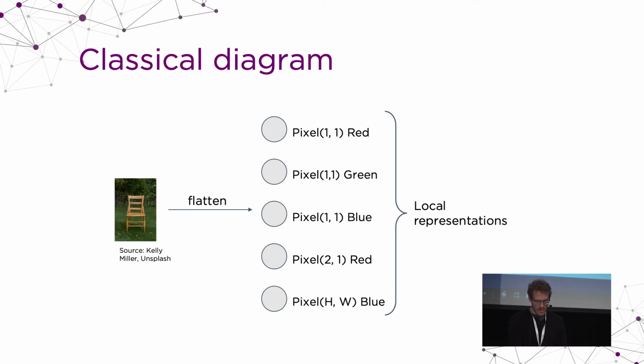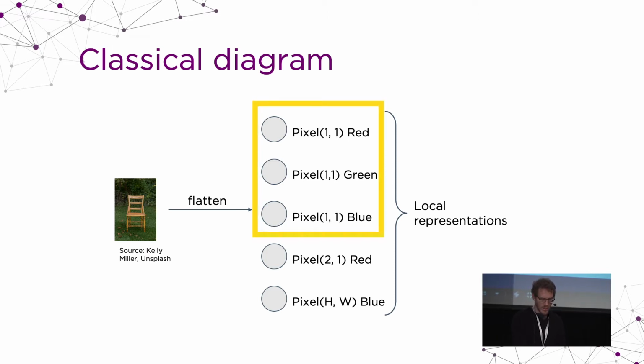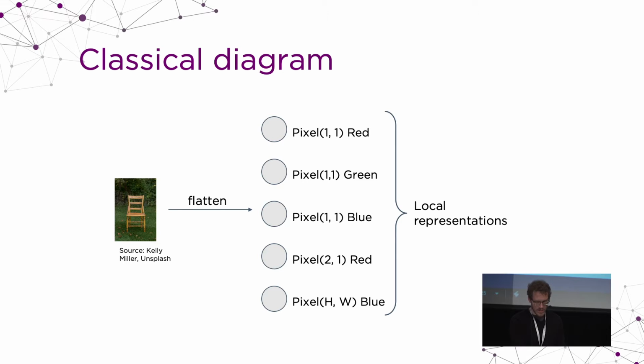Here I'm iterating row by row. The first unit of my model will be the pixel at position 1, 1, the red channel, the green channel, the blue channel. Then I go down 1 step, and I retrieve the pixel intensity of the red channel of this pixel here, etc.